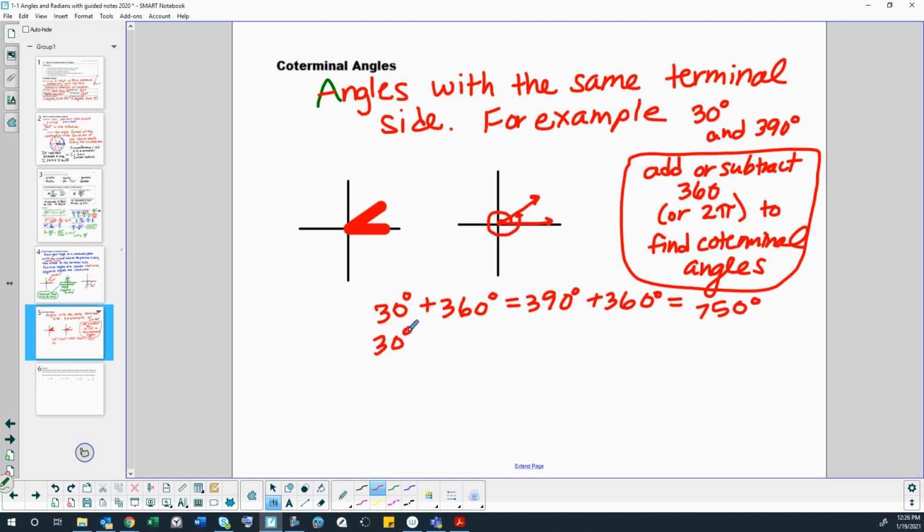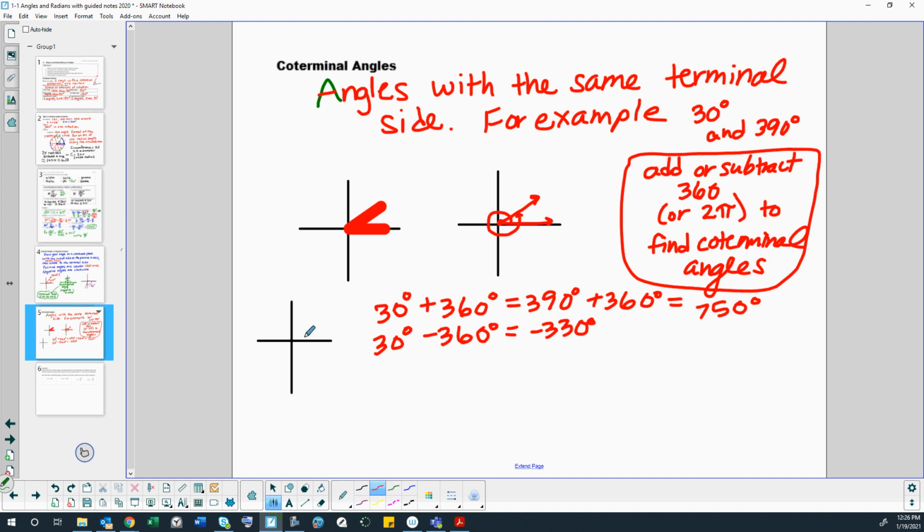Or we could subtract 360 and find coterminal angles that way. So negative 330 degrees is also coterminal with these angles. It's basically the same angle, it's just we draw it differently. Oops, that line is a little crooked.